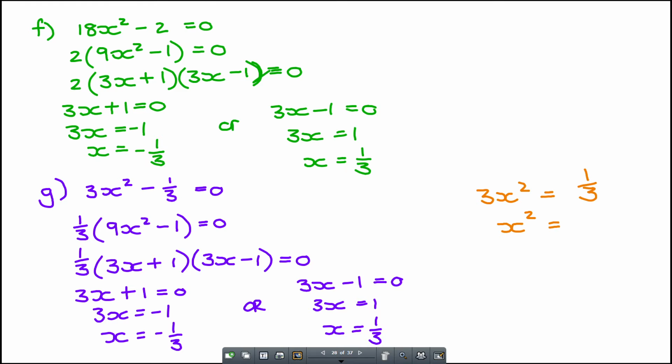So then x squared will be 1 over 9. Now x will be the square root of 1 over 9. But that will have to be plus or minus 1 over 3. Okay, so either the blue or the orange. But you must remember the plus minus thing.